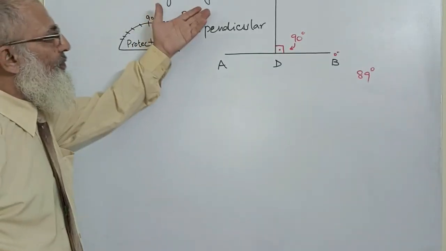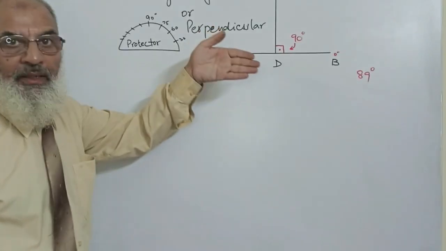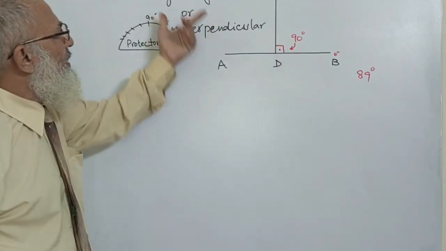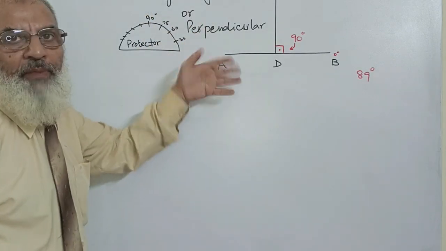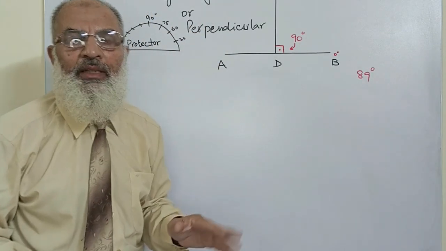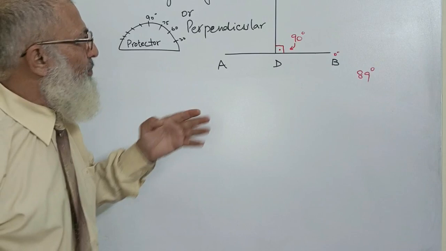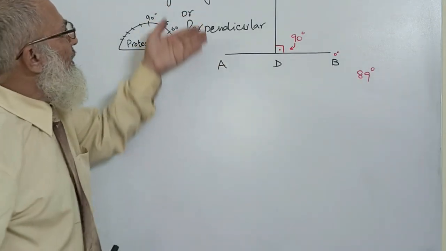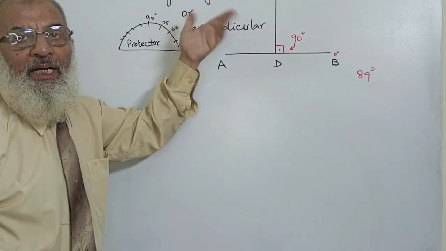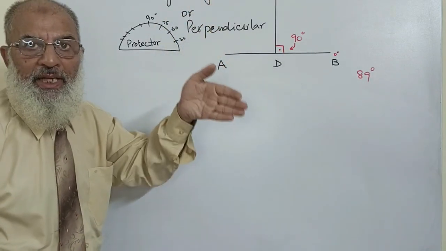Now again, the category falls. Now we have studied perpendicular or right angle. These are one and the same thing. But if we consider the types of angle, then right angle can come after the acute angle.